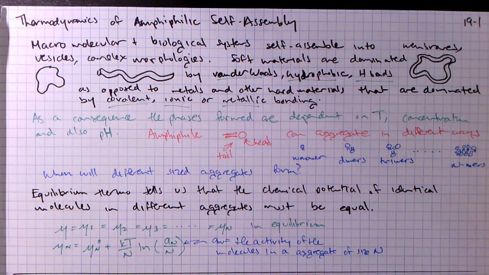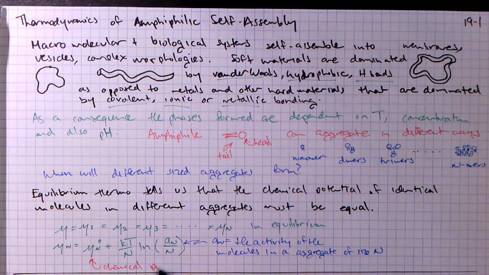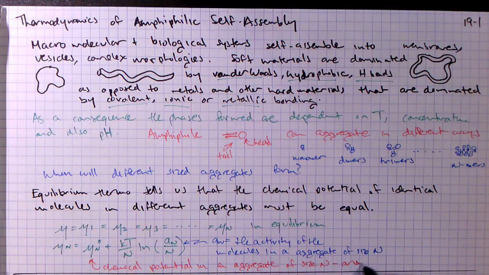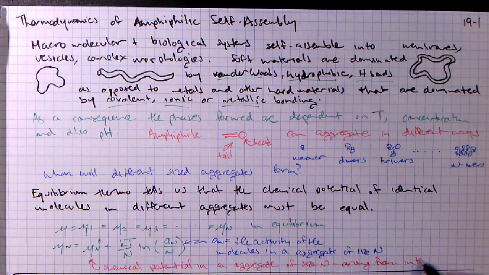And where mu_n0 is the chemical potential in an aggregate of size n arising, but this is not the full chemical potential, this is just the part arising from interaction free energy.